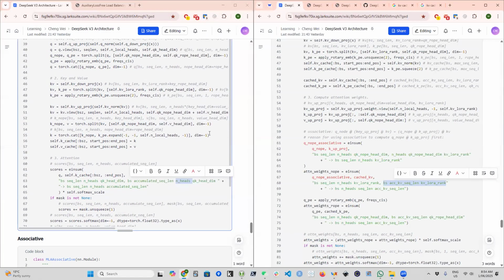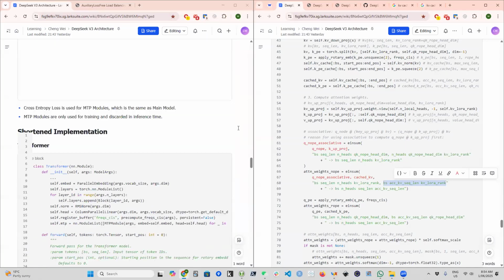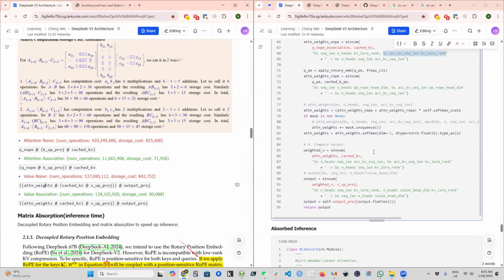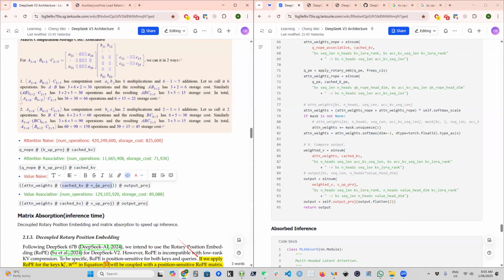Then it's similar for value. We rearrange the order of multiplication. Before, for the value part, we up project into multi-head value, then we do attention, then output.